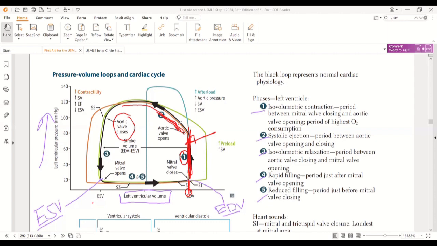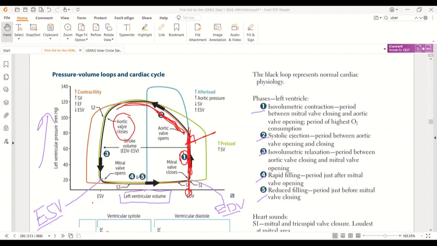So here the ventricle pressure is increased, and now you see the left ventricle pressure going down, and when it decreases below the aortic pressure, the aortic valve closes. In this picture, they highlight the left ventricle. The same thing takes place in the right side of the heart as well, but we are focusing on the left side.